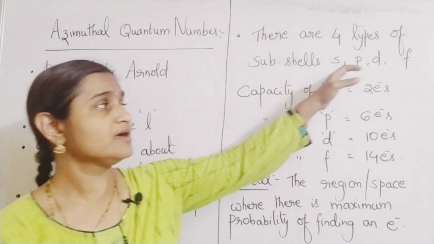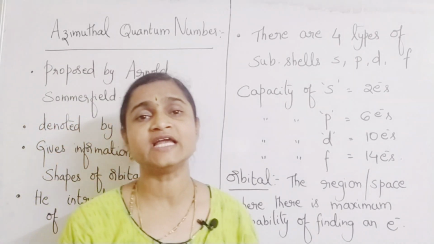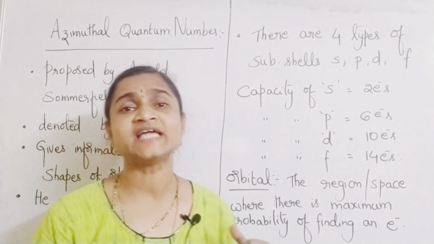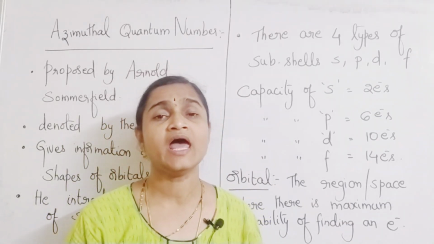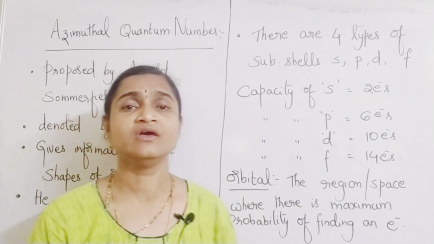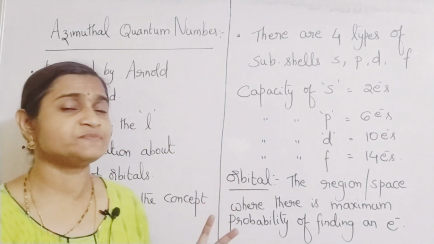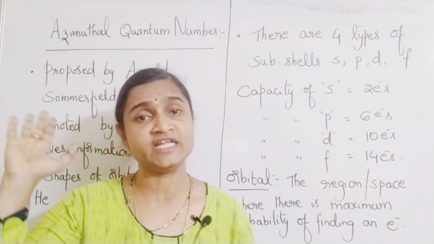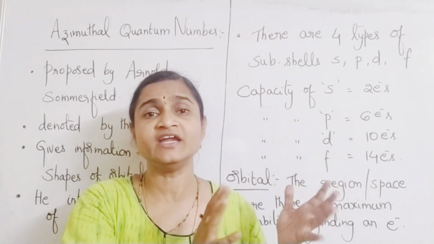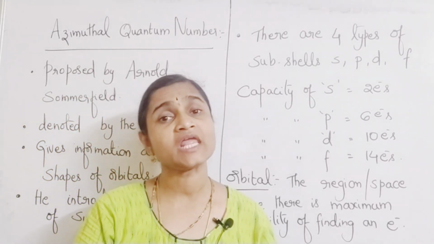These are designated as s, p, d, f, where s stands for spherical, p stands for principal, d stands for diffused, and f stands for fundamental. So there are four types of subshells. The K, L, M, N shells proposed by Niels Bohr are further divided into subshells, and these subshells are further divided into orbitals.